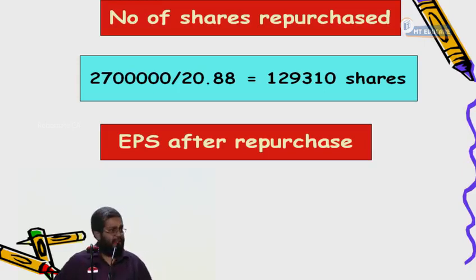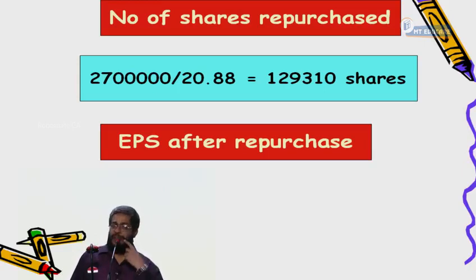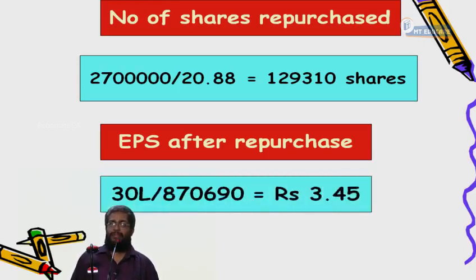Step 3, EPS after repurchase. Earnings per share after repurchase. Tell me, what is EPS after repurchase? 30 lakhs. Why did the 30 lakhs not change? Earnings continue to be the same after buyback because no project is abandoned. Yes or no? 30 lakhs divided by 8,70,690.